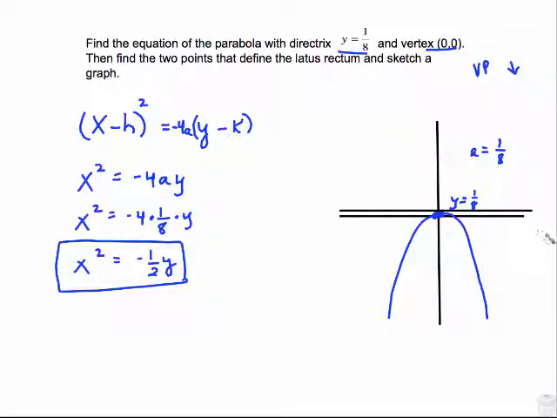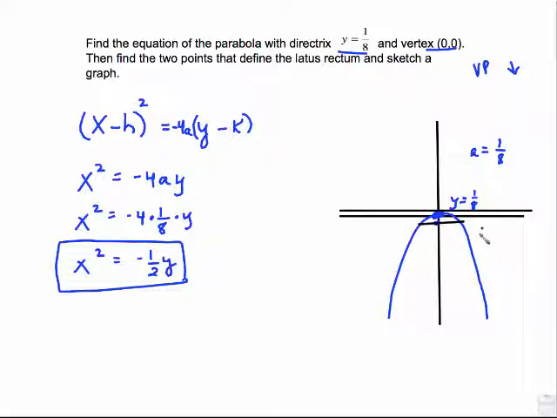Then it wants me to define the latus rectum. So the latus rectum, remember, goes through the focus. Now the focus would be just barely below here, because if a is 1/8, the focus is 1/8 down. So my latus rectum is going to go about right here, and I need to come up with those endpoints. Well, the thing I know for sure is that this distance from the vertex down to the focus is 1/8.